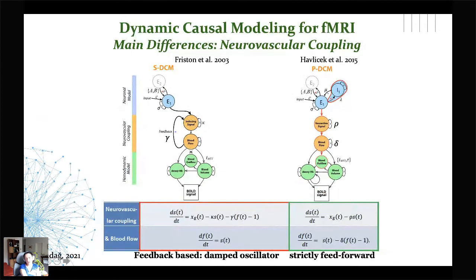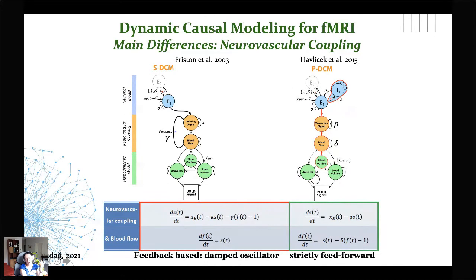So these are the adaptations to the Friston et al. hemodynamic model. You have a simple dynamic convolution kernel, which acts as a positively constrained low-pass filter of the neuronal dynamics. And this is regulated by 2 parameters that I will highlight here, rho and delta, which control the response decay.